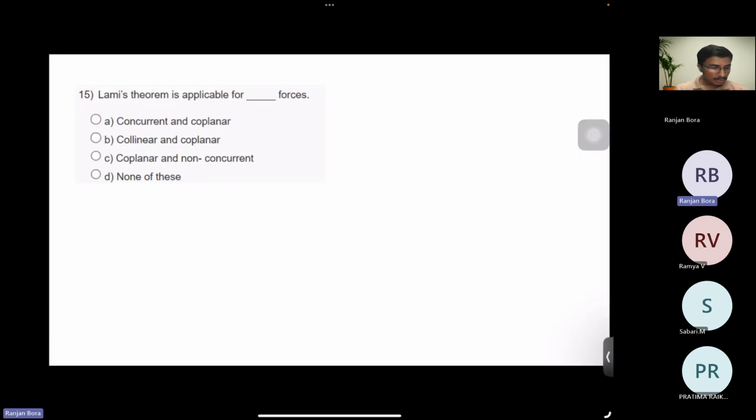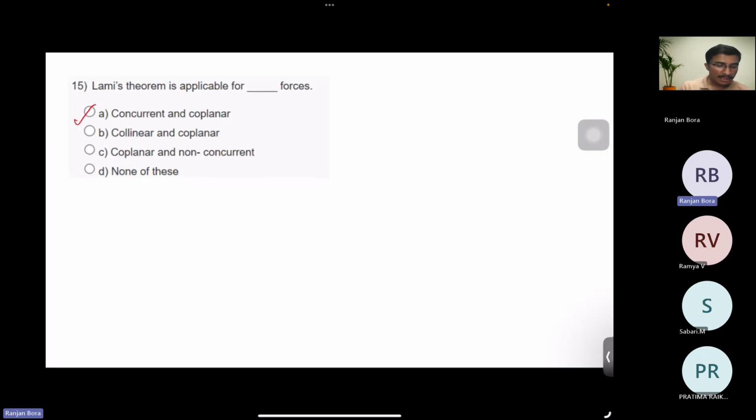There is one question related to Lami's theorem: Lami's theorem is applicable for what? We have seen in the previous slide, Lami's theorem is applicable for concurrent and coplanar forces.